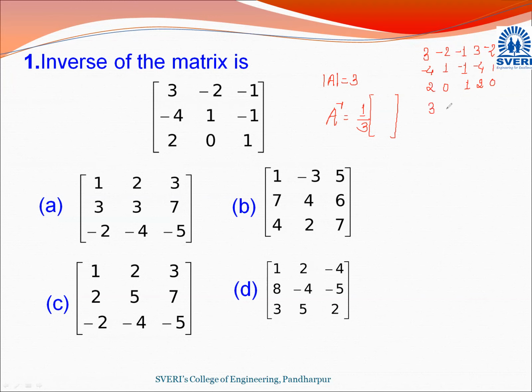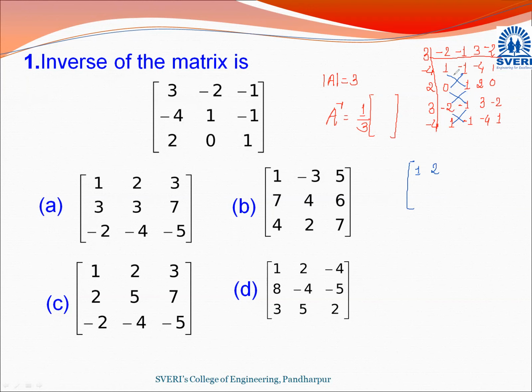In the same way, we take 3 minus 2 minus 1, 3 minus 2, minus 4 1 minus 1 minus 4 1, neglecting the first column and first row, and multiply these two terms for the first row. So here I am getting the matrix: 1 minus 0, it is 1, 0 plus 2, it is 2.